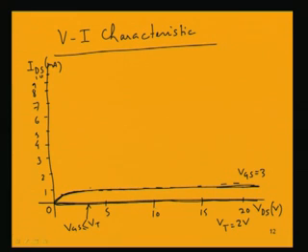We know that VDS saturation equals VGS minus V threshold. So, from this relation basically we can draw the locus of the saturation value of VDS.